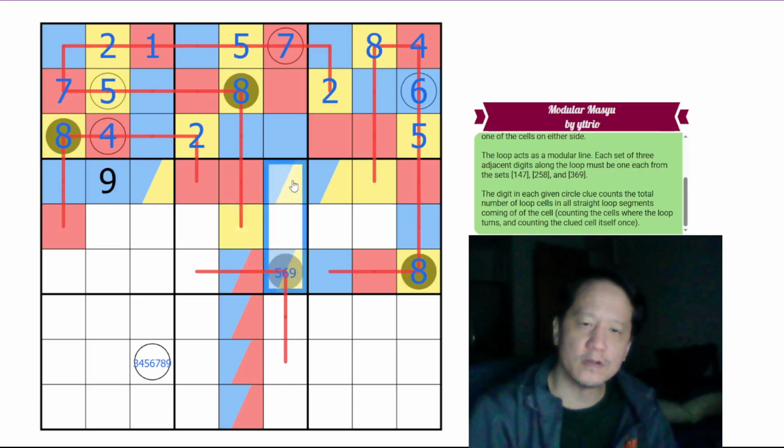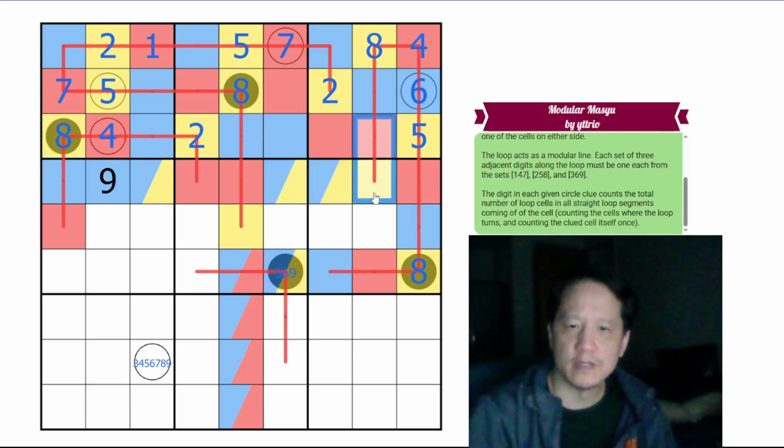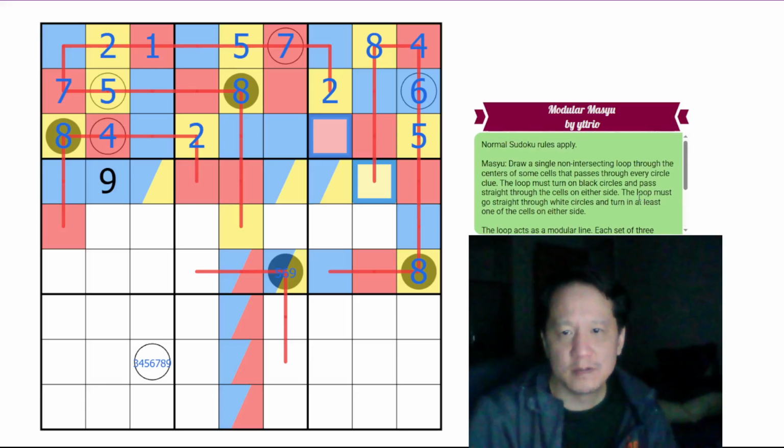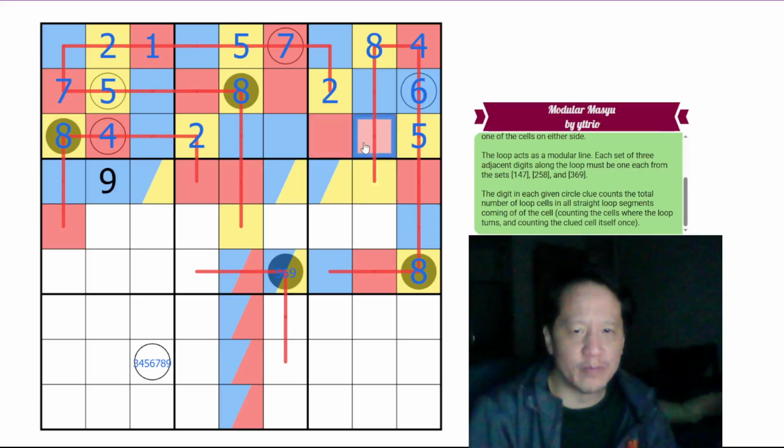That's fine. Then this would have to go here, and then that would block this from connecting to here, unless you can go diagonal. But I believe in all Masyu, you can't go diagonal. So... I don't know.